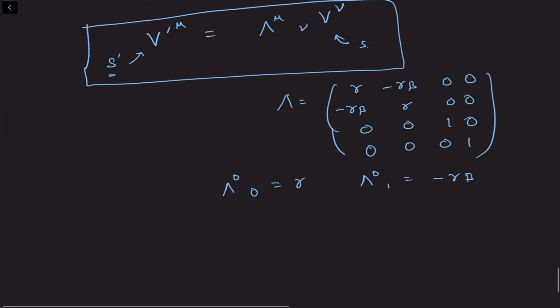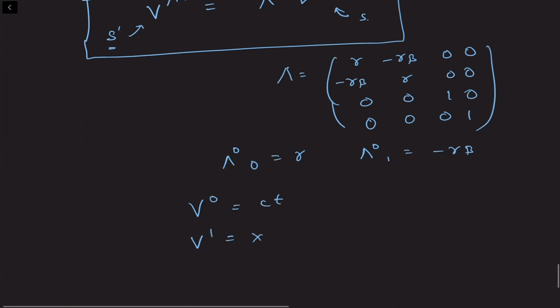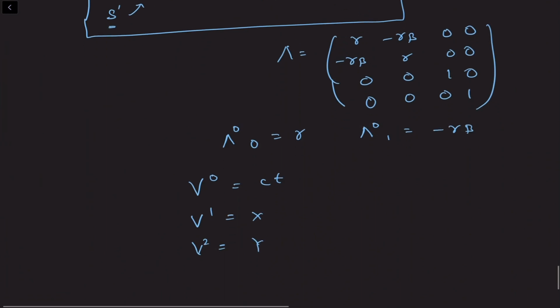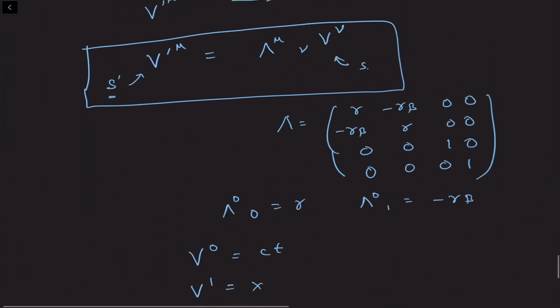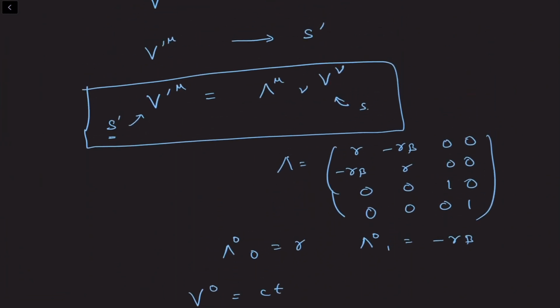And if v were the standard space-time vector, v0 would be ct, v1 would be x, v2 would be y, and v3 would be z. So this defines our transformation rules for four vectors.